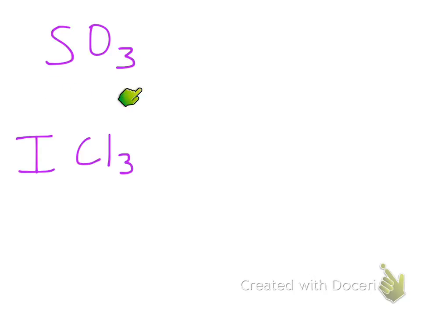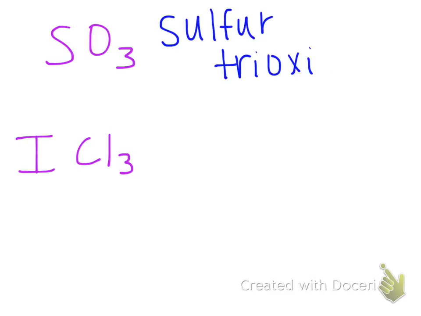What does this look like? It looks like sulfite, but does it have a charge? No, so it's not sulfite. That's where we see a difference. This is called sulfur trioxide. Sulfite would have a charge of -2.